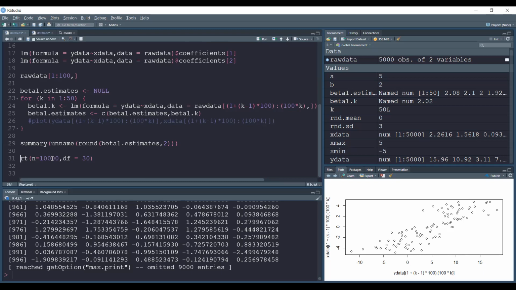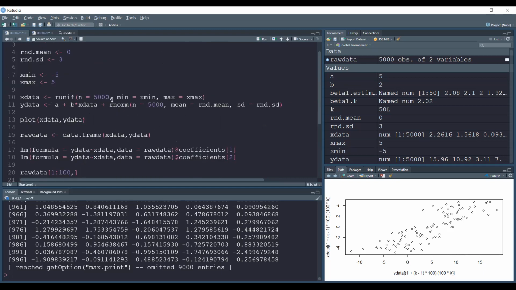But these are families of probability distributions. For example, for the normal distribution, over here, I chose a mean of 0 and a standard deviation of 3. I could take different means and standard deviations, and each one gives me a different member of the family of normal distributions.